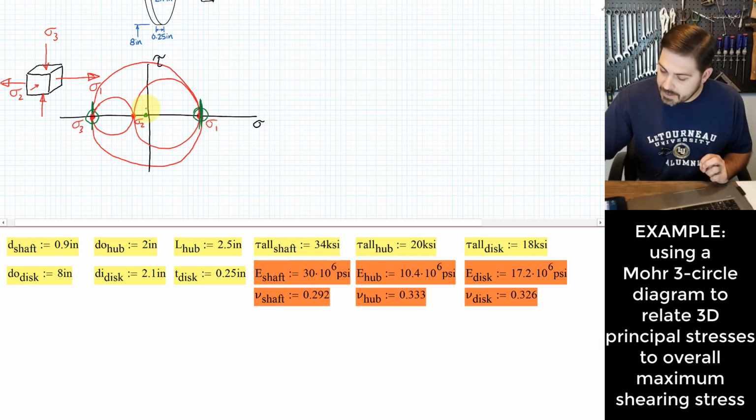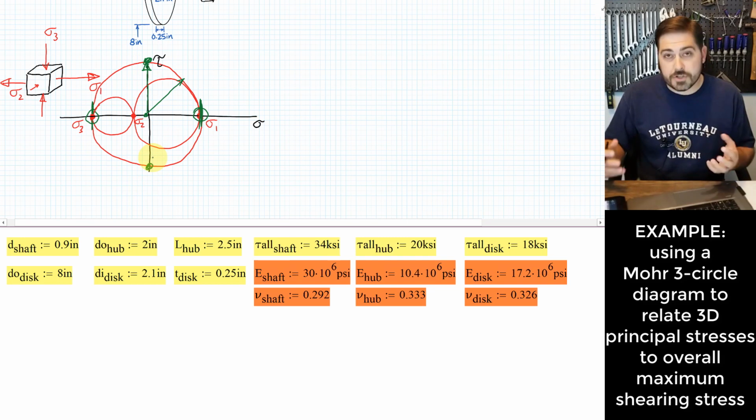And you'll notice that if you find the radius of that outer circle, that same radius gives you the maximum point on your largest circle.